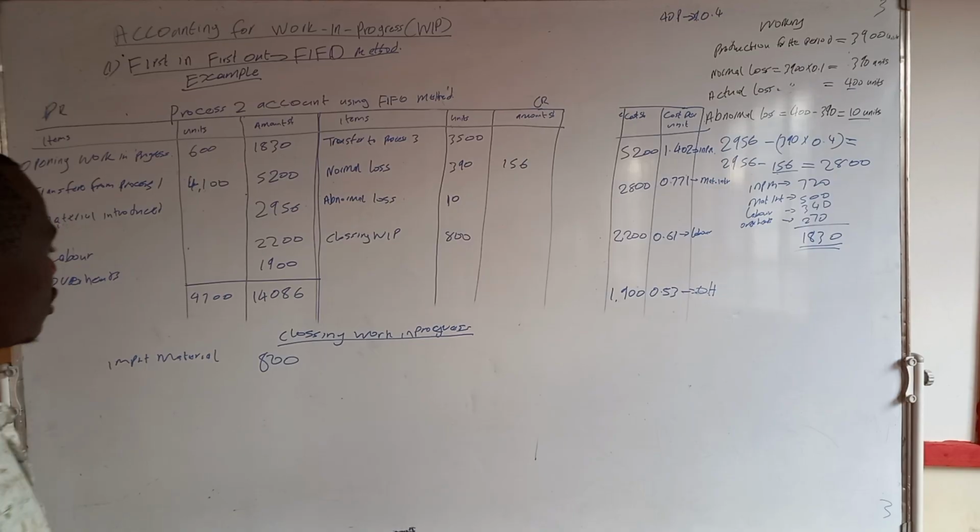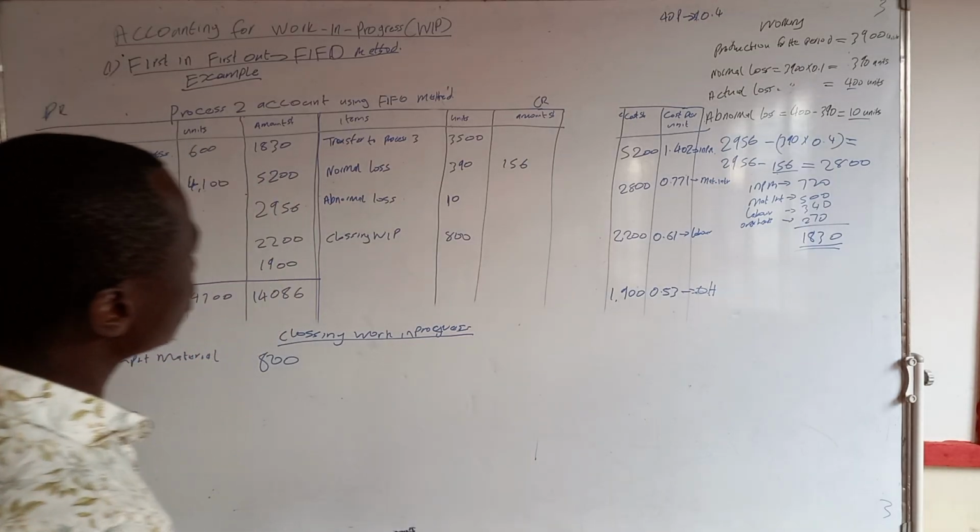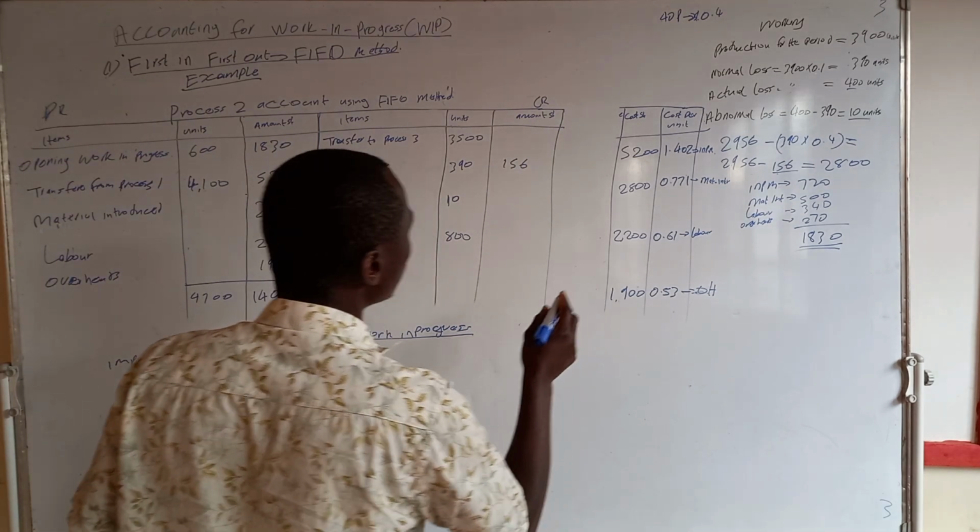The cost of input material per unit is 1.402.